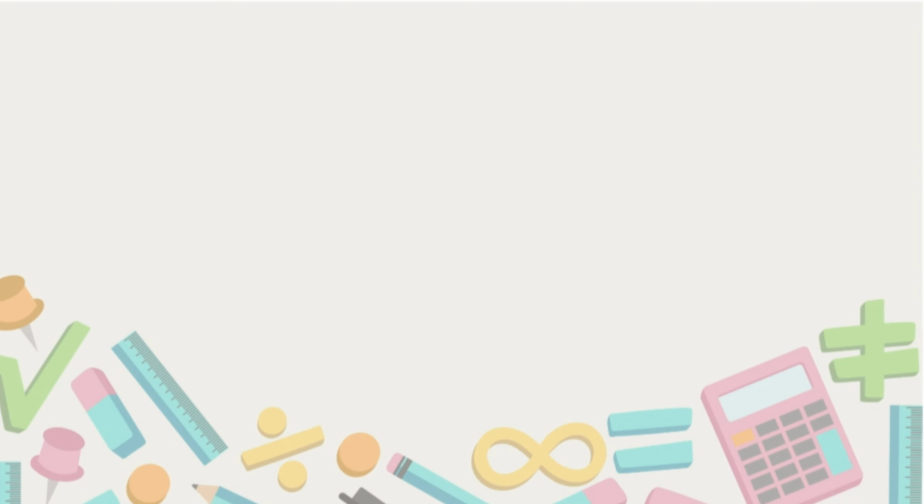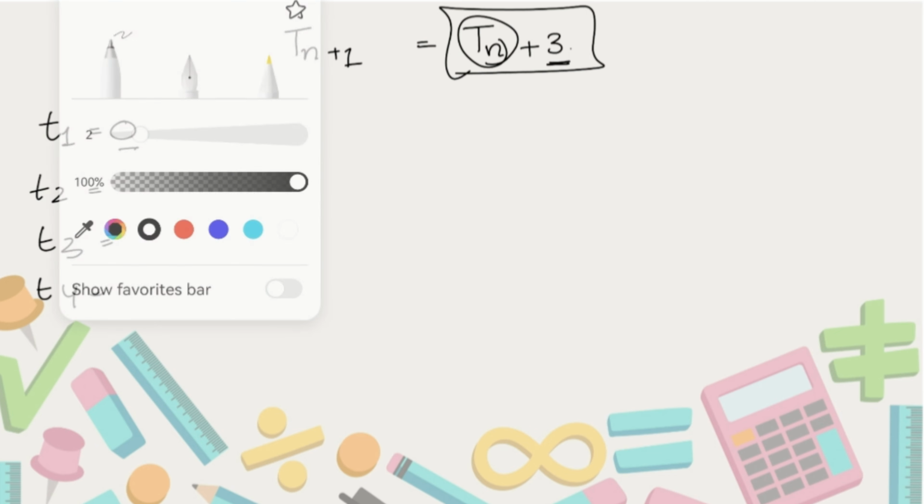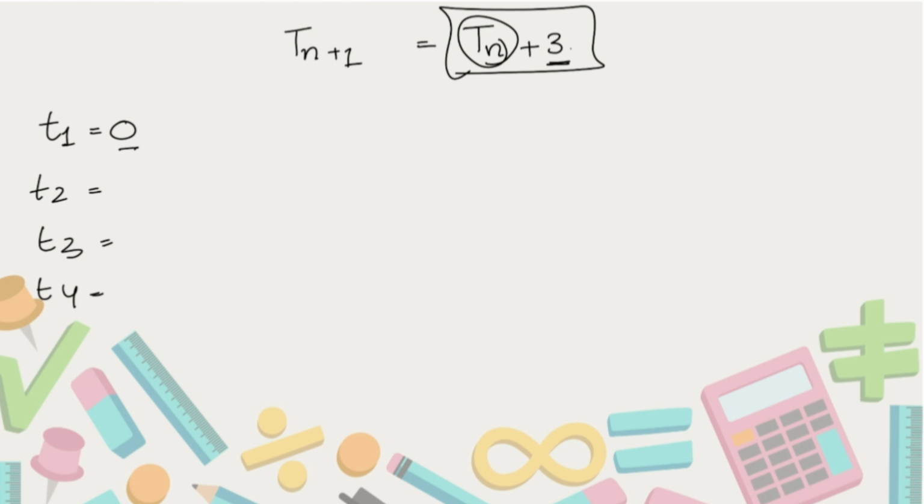A sequence is given by a term to term rule, where tn plus 1 is given as tn plus 3. Now the t1 is given as 0. You have to find the t2, t3 and t4. So it is very easy. You just have to take the term and add 3. So the first term was 0, so we are going to add the first term t1 plus the common difference.